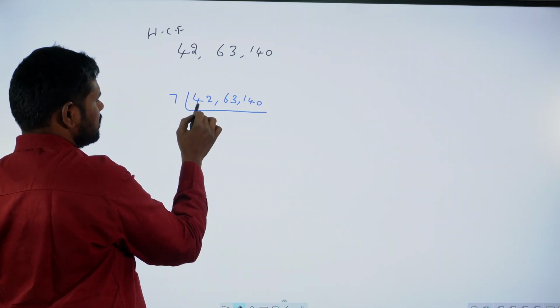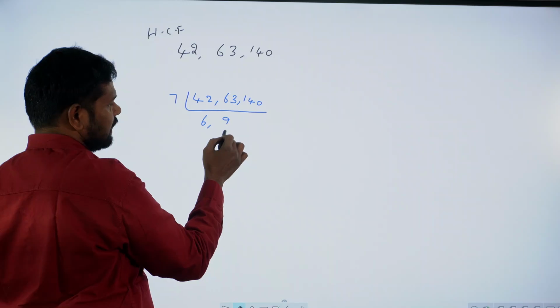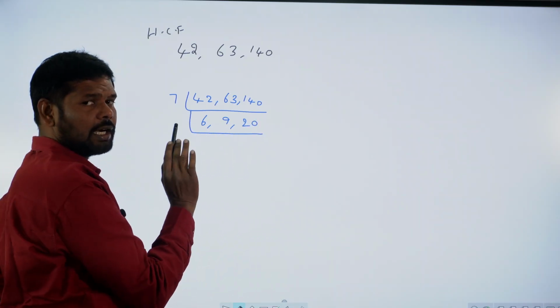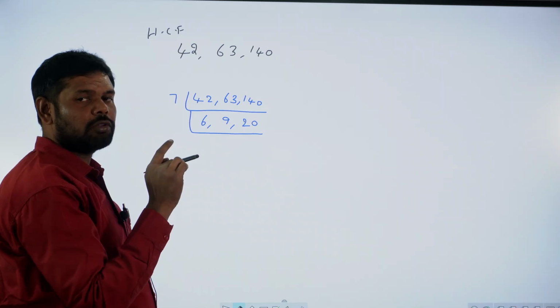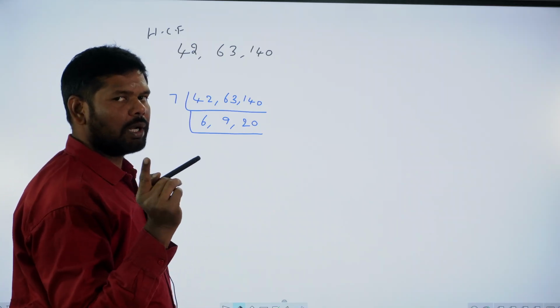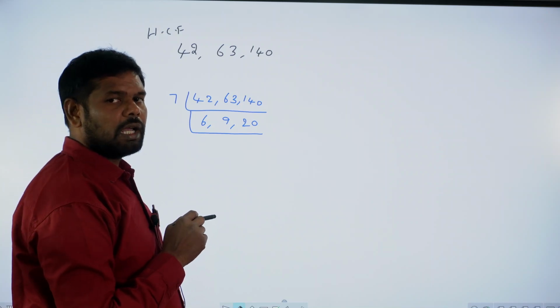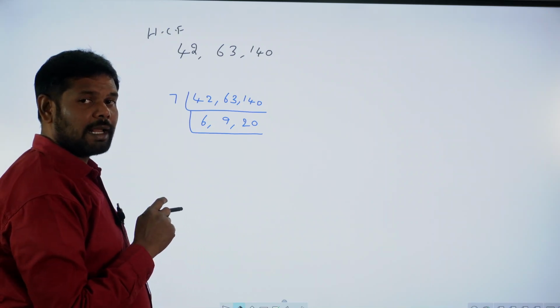All are multiples of 7: 7 6s are 42, 7 9s are 63, 7 20s are 140. 6, 9 and 20 are not divisible by the same number. Why? Because 9 and 20 are co-primes. The co-primes concept is very, very important. Co-primes are numbers whose only common factor is 1.